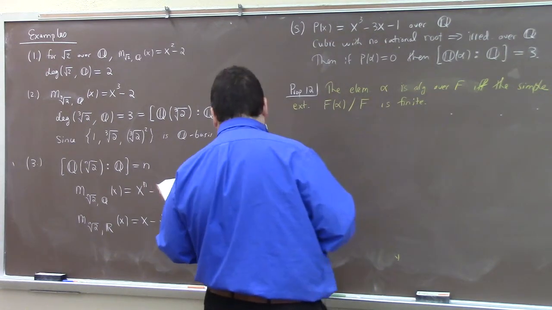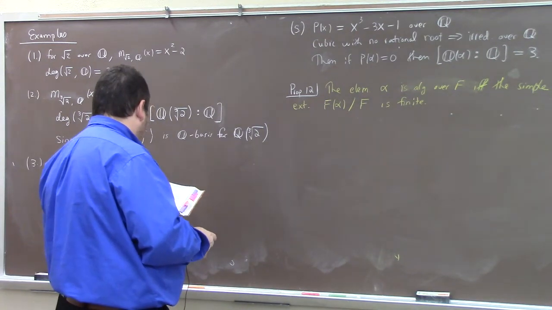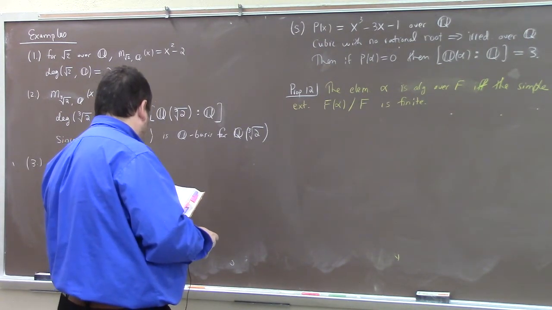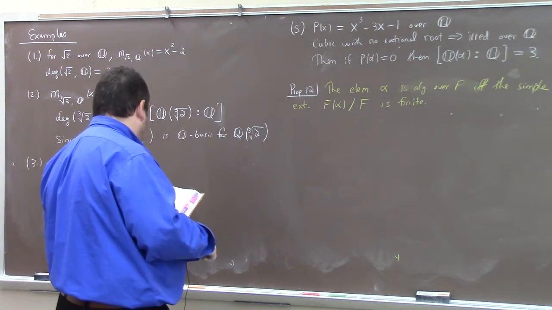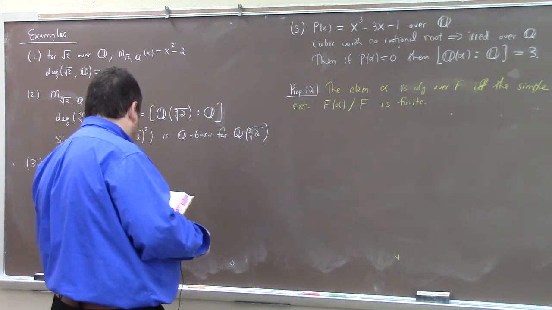More precisely, if alpha is an element of an extension of degree n over F, then alpha satisfies a polynomial of degree at most n over F. And if alpha satisfies a polynomial of degree n over F, then the degree of F of alpha over F is at most n. I'm not writing that down.